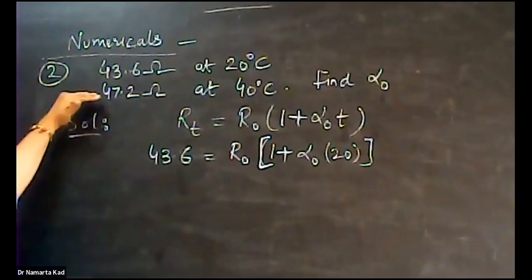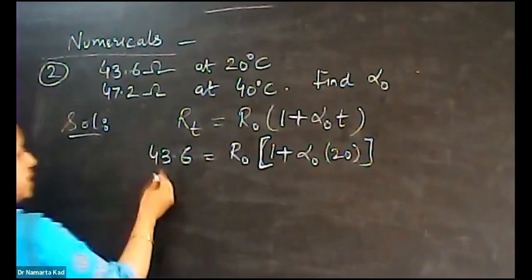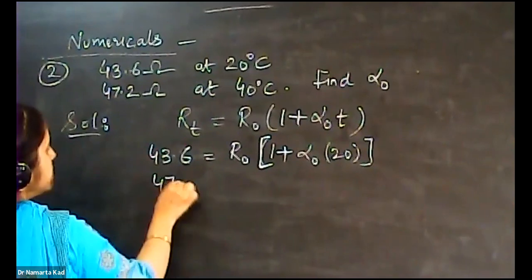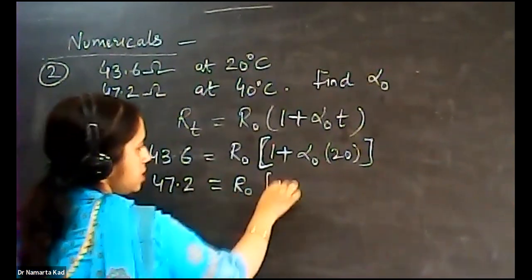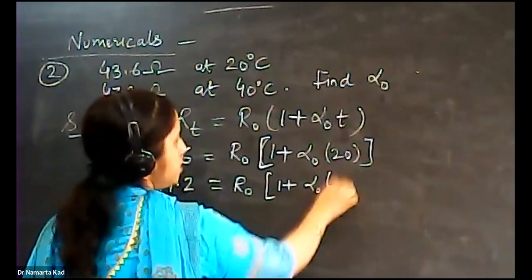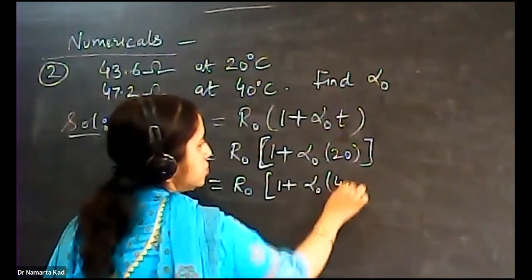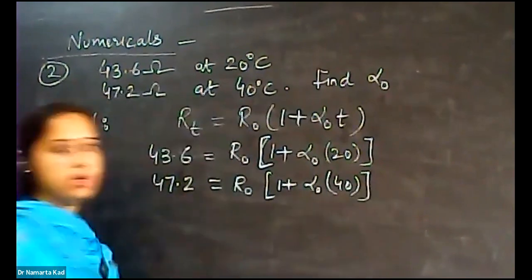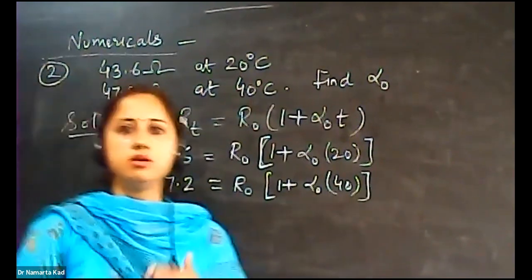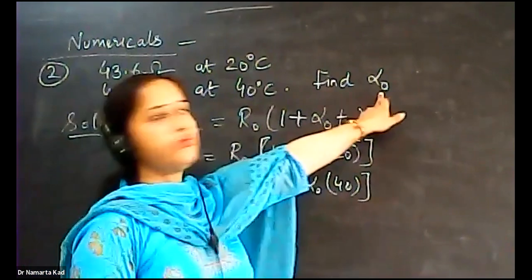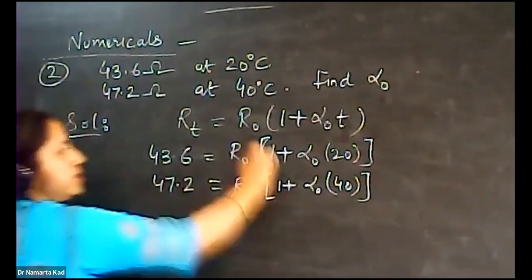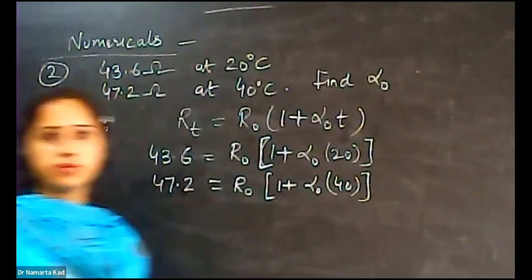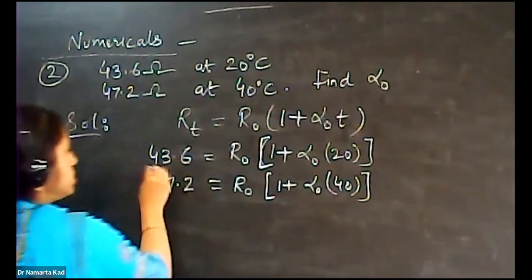Now similarly for the second condition, it is 47.2 is equal to R naught into 1 plus alpha naught into temperature, now it is 40. Okay, so our motto is to find the alpha naught. So to find alpha naught, just divide these two equations, like this.